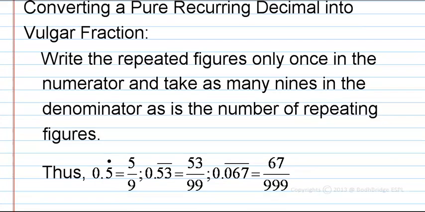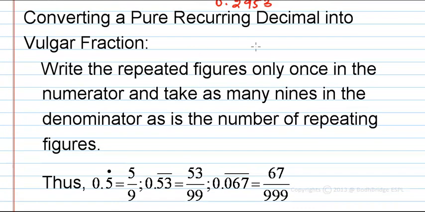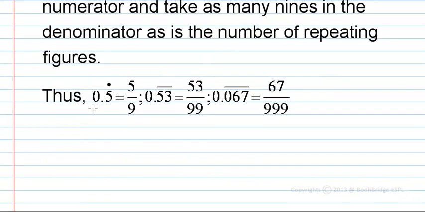See, again you have converting a pure recurring decimal into a vulgar fraction. Write the repeated figure only once in the numerator and take as many 9s in the denominator as the number of repeating figures. See now, you'll get a clear idea. 0.5 is indicated by a dot. So how can you write 0.5?